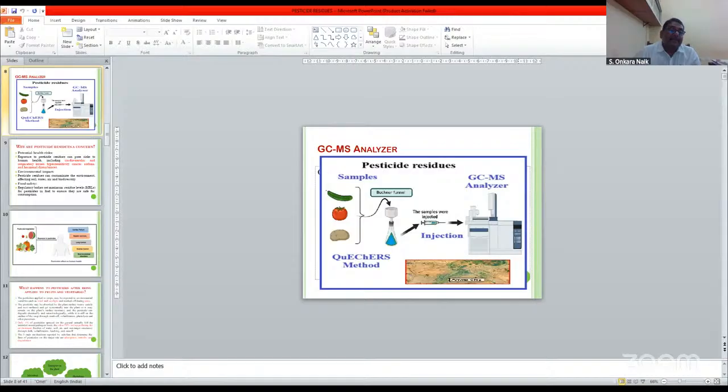Treating pesticide residue effects on humans. See, severity might not be there immediately, but day by day, whatever we are consuming at lower concentration, it might cause lots of health hazards. So, depending upon the severity, we have to go to the doctor, or we have to treat the patient.